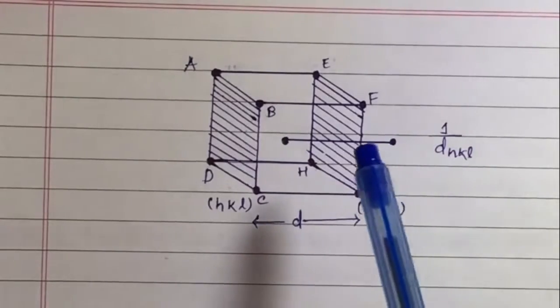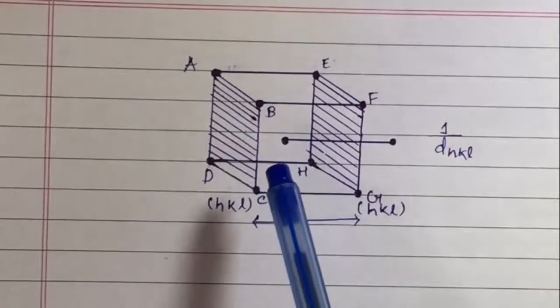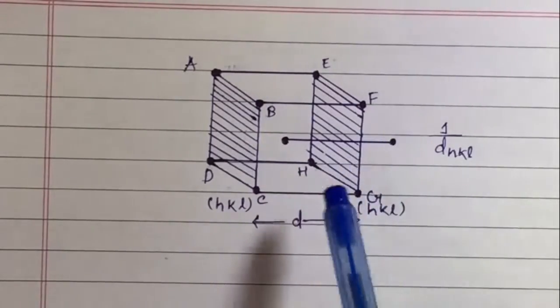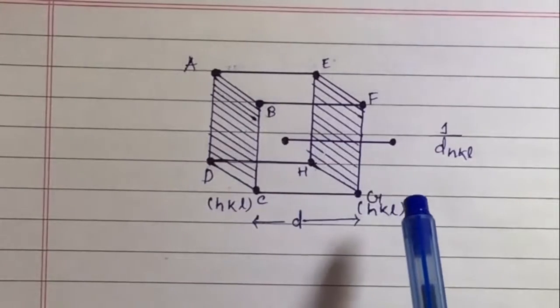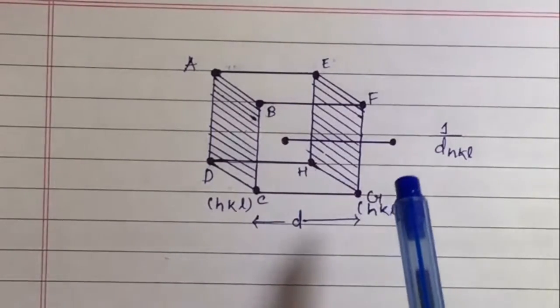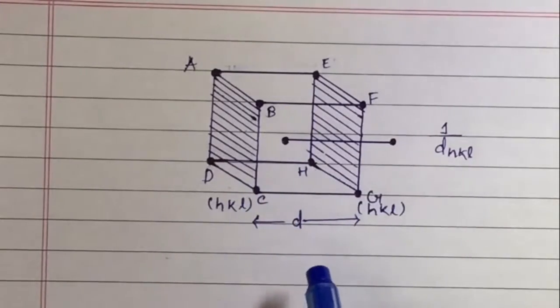Now we will take an arbitrary point which is the origin and draw the normal to plane EFGH. The length of this normal is the inverse of d_hkl. Similarly, we draw the normal to each and every plane and we get an array of points which is known as the reciprocal lattice.